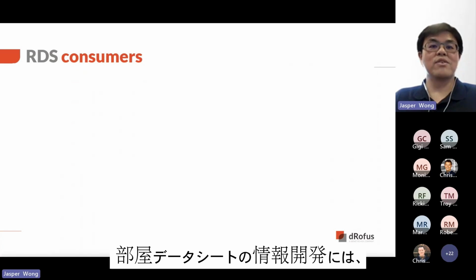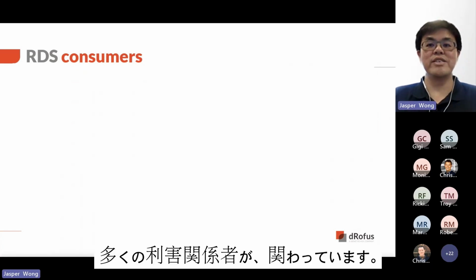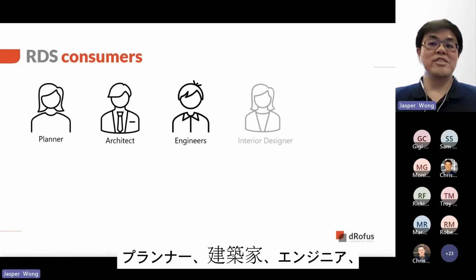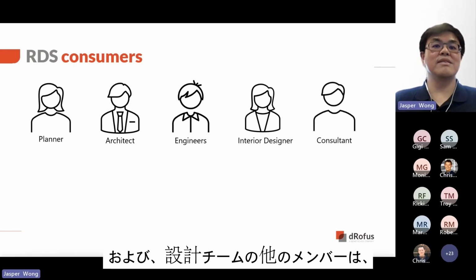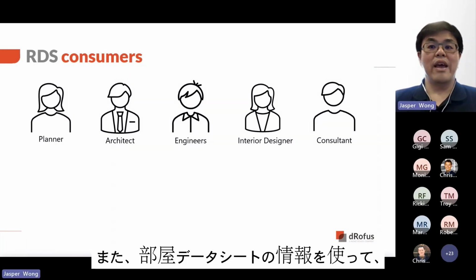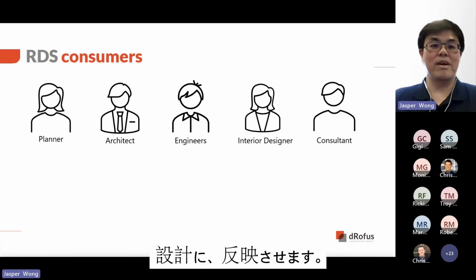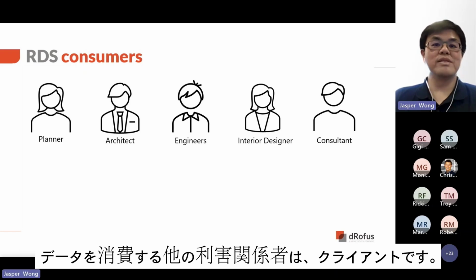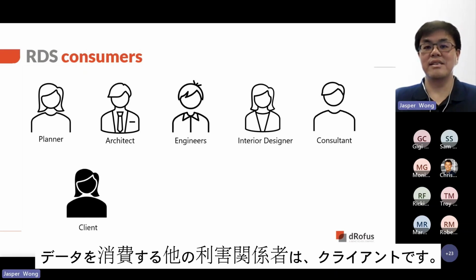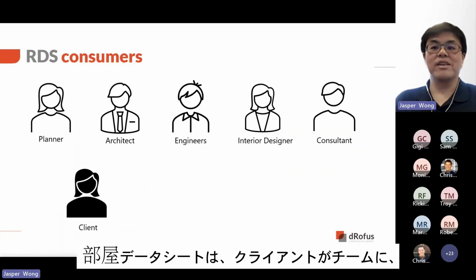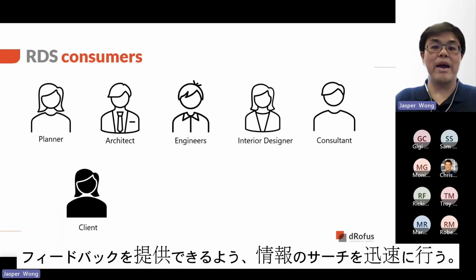Many stakeholders contribute to the development of information in a room data sheet. The planner, architect, engineers, and other members of the design team typically create and update this information. They also use the information in the room data sheet to inform their design. Other stakeholders that consume the data is the client. The room data sheet fast tracks the searching of information for the client to be able to provide feedback to the team.